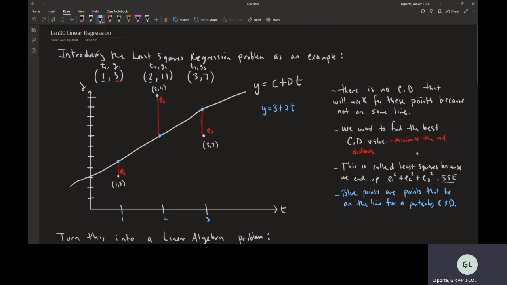And I'm going to put the blue points, the ones that actually lie on this line, in blue. So at 1, obviously this would be 1 comma 2, 5. And this would be 2 comma 4 and 3 is 7.